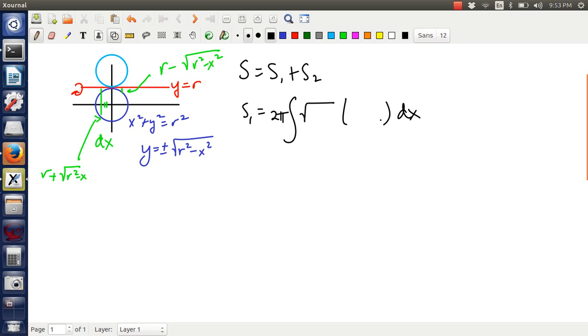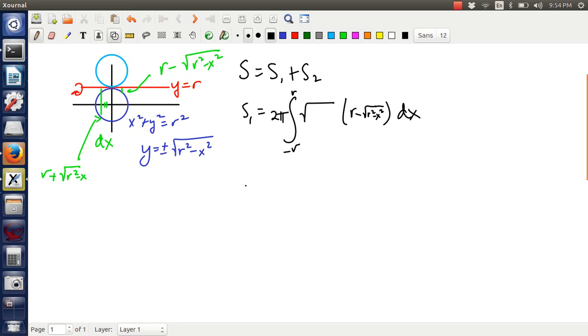First of all, we need to take the derivative, square it, add 1, and then take the square root. That's going to be a pain, and that's going to go in here. The other piece in the first integral is r minus the square root of r squared minus x squared, just like that, and we're going to integrate from minus r to r.